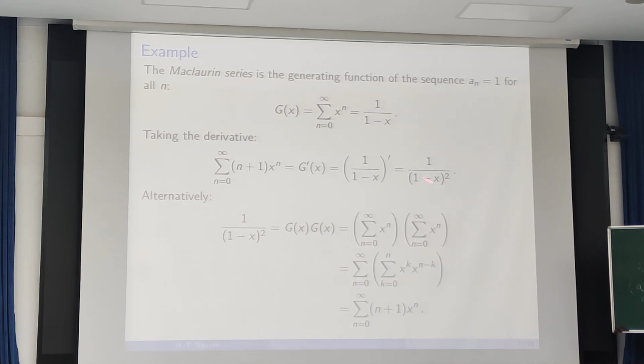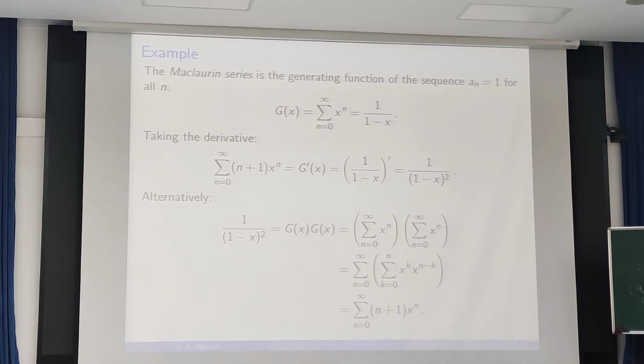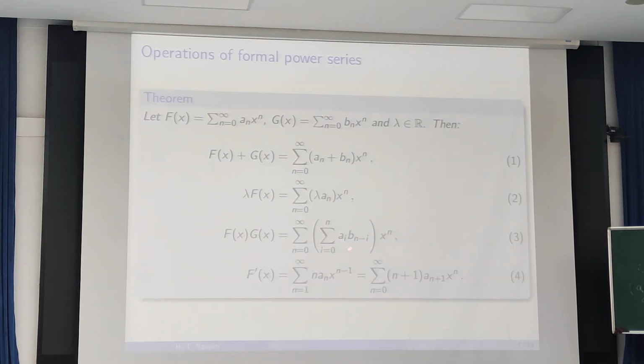Of course, you can find this result in another way. Here, you can remark that this right-hand side can be written as g(x) squared. So instead of taking the derivative, we can do it another way. We can calculate the product of g with itself. So we write the two power series like this, and we use the formula for the product here.